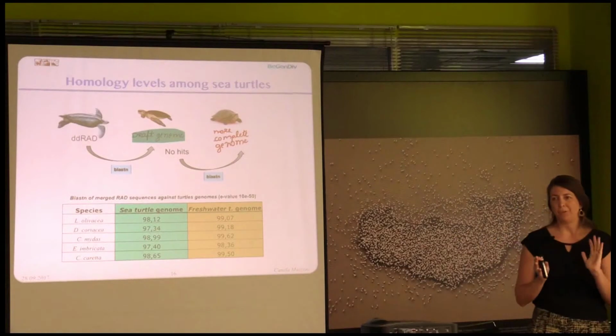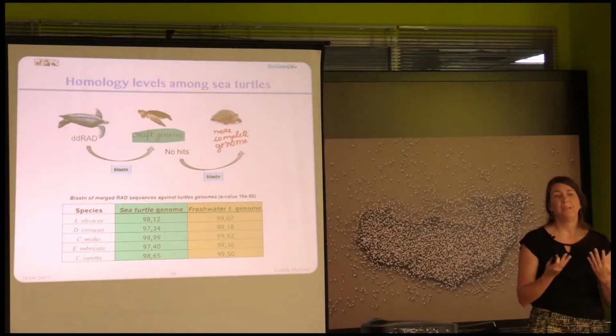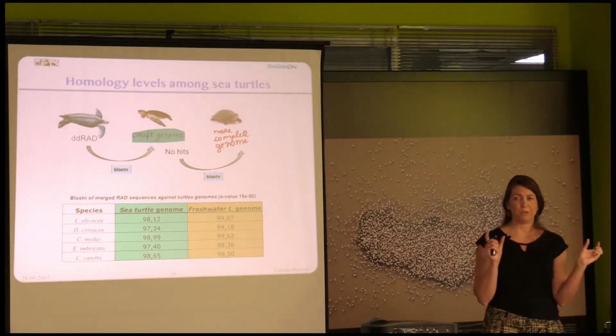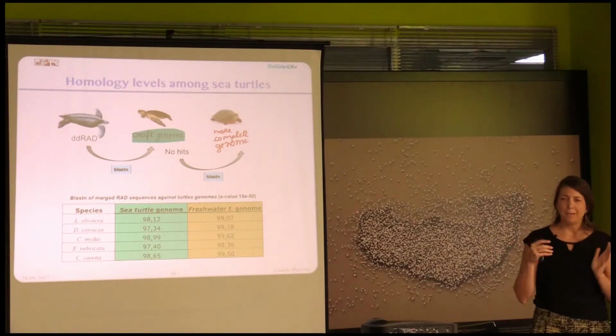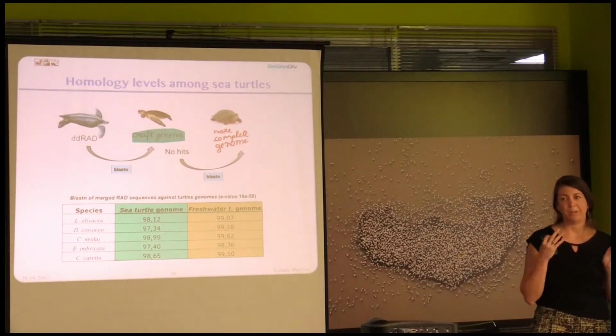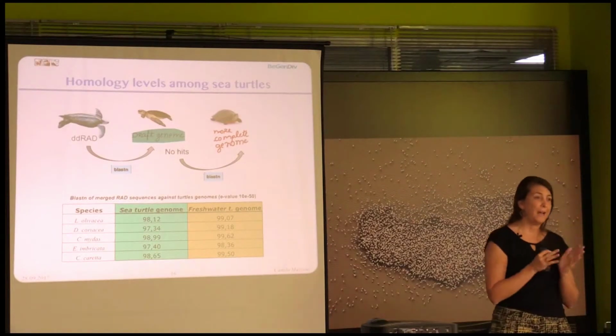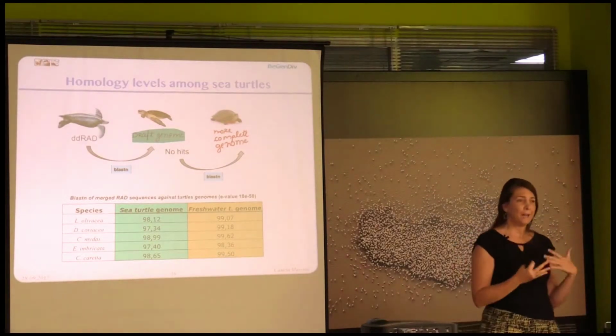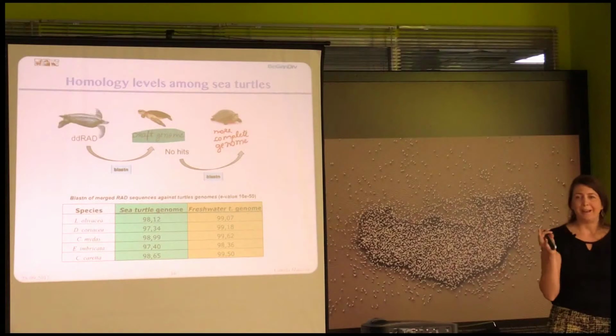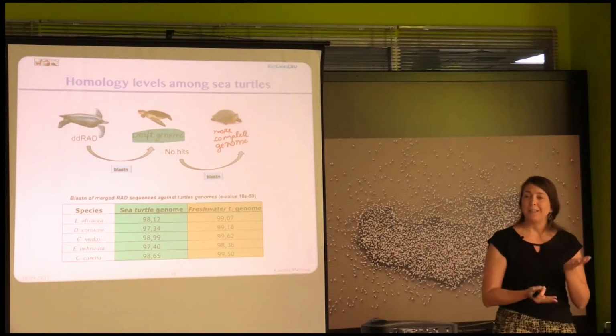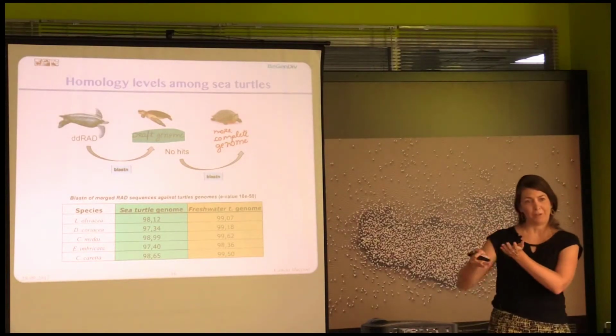Now I have to say something: with ddRAD, or when you use RAD, because you're using these restriction sites, you are biasing the part of the genome that you analyze towards high complexity regions. High complexity doesn't mean very difficult or complex, it just means they have a good mixture of nucleotides.